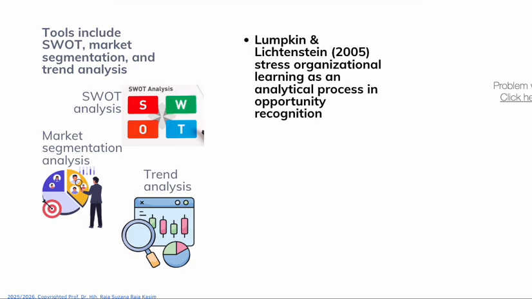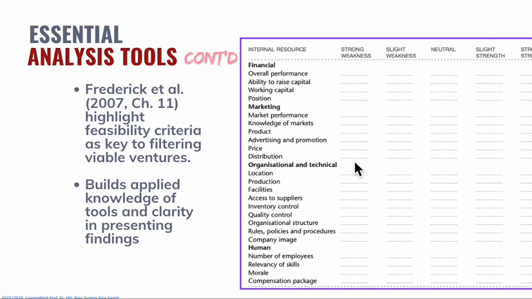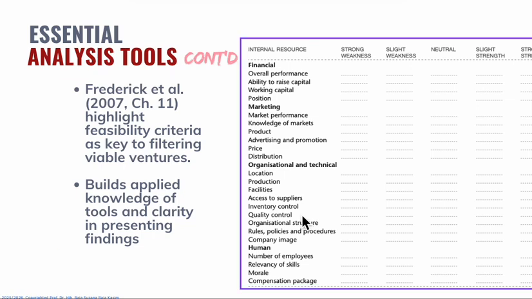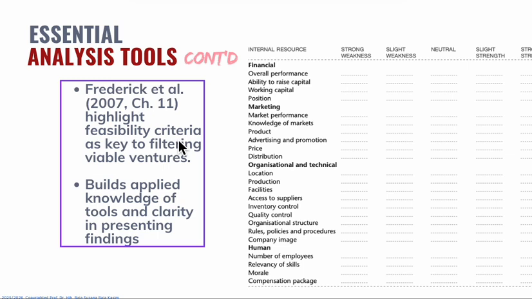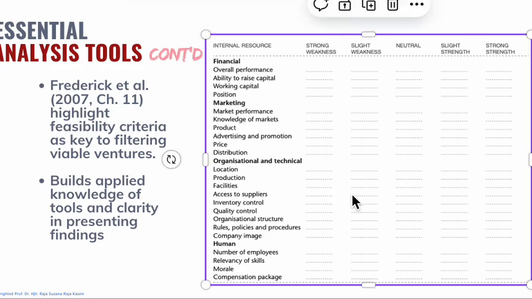So perhaps from there, let us build another perspective on these essential analysis tools, which can bring us to apply the feasibility criteria in terms of filtering viable ventures. Entrepreneurs must assess their internal resources through several dimensions like financial, marketing, organizational, technical, and also human, and then evaluate whether each is a strength or weakness.